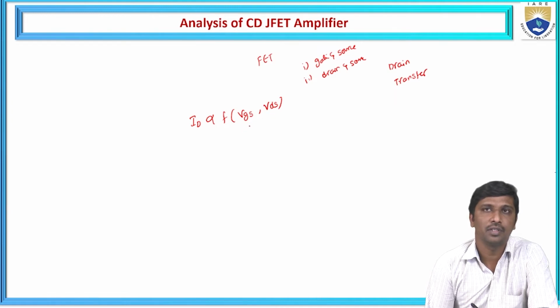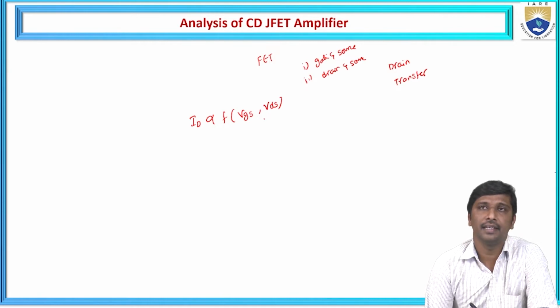And we observed how this drain current is controlled by the applied biasing voltages between the gate and the source as well as the drain and the source ends. This type of transistor is called the field effect transistor.